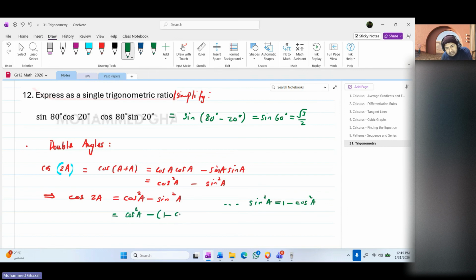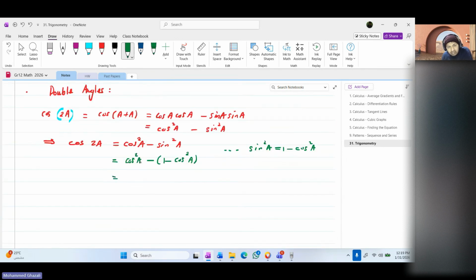So this is cos squared A minus, 1 minus cos squared A. Minus and minus makes a plus. I'm opening the brackets up. So I replace sine squared A with 1 minus cos squared A. So cos squared A plus cos squared A is 2 cos squared A minus 1. So this was my first identity. This is my second identity.